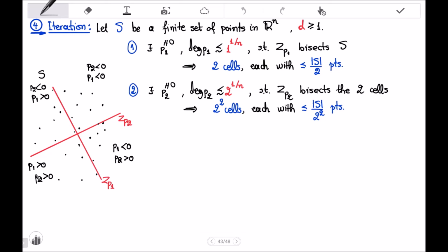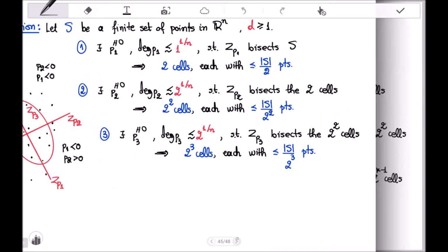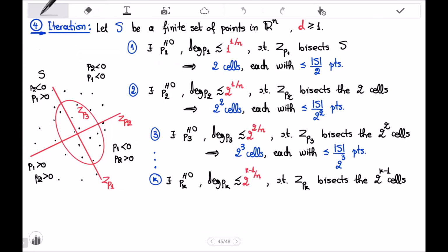So just let me write one more. In the third step, you bisect all of these 4 cells with a zero set of degree at most the number of previous cells to the 1 over n, and you get 8 cells, 2 to the 3, each containing at most the average number of points. And you keep going. At the final step, you have 2 to the k minus 1 cells from before.